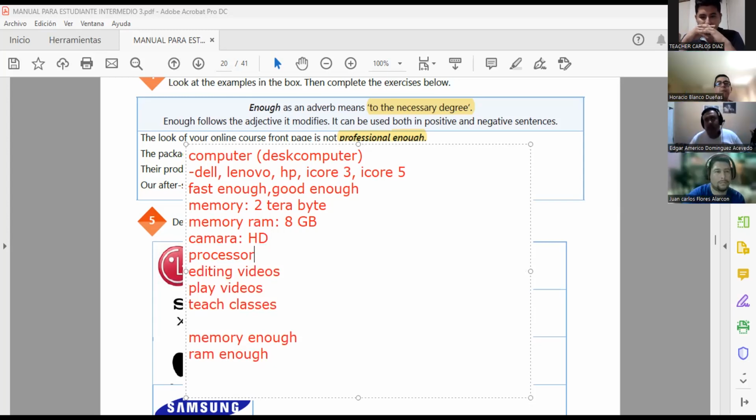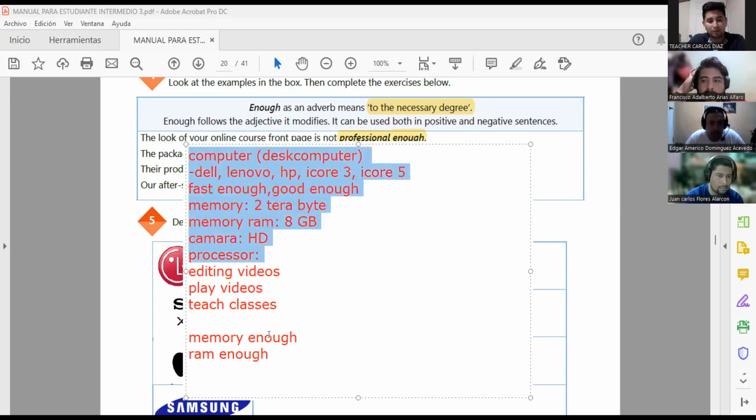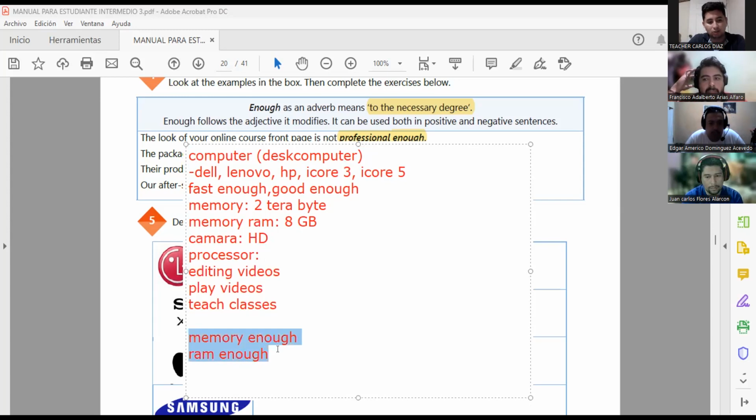AMD. Para darle los ejemplos, necesito que tengamos el contexto y eso es lo que estamos haciendo. Necesito una computadora para hacer esto, pero tengo que ver las cualidades para poder decir estas oraciones. Entonces, colaboremos, opinemos.